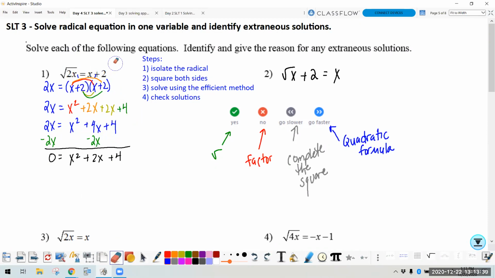Okay. You're going to move your 4 to the left. Half of 2 squared. Factor.